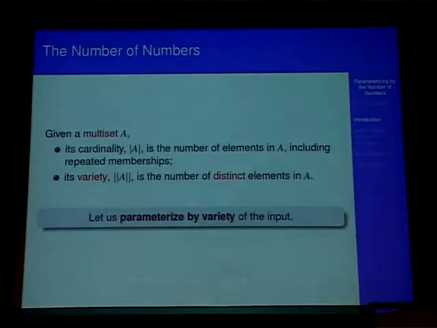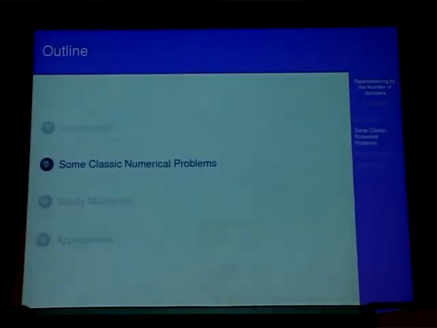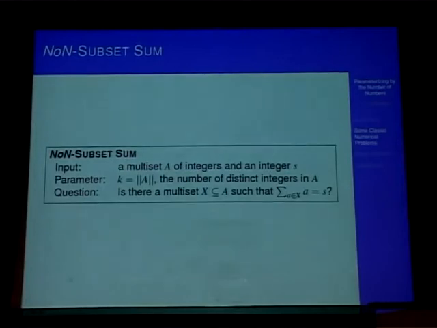If the multiset is a multiset of integers, we talk about the number of numbers. So our subset sum problem, we parameterize now by the variety, or the number of numbers, in the set A. Now I want to know, is this FPT or W1-hard?